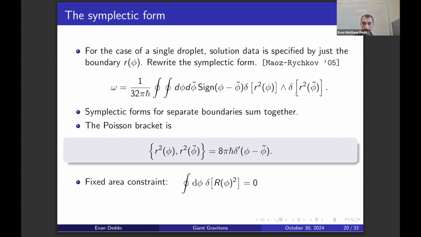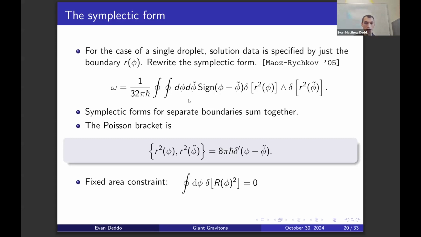It's most naturally written in terms of r squared rather than r, and we have the wedge products of r squared at different values of phi appearing here. Then we integrate this over the whole boundary of the droplet.